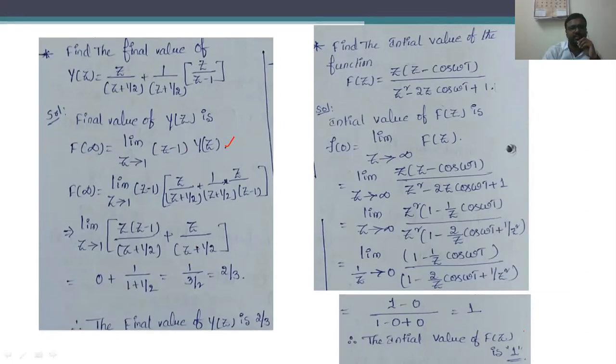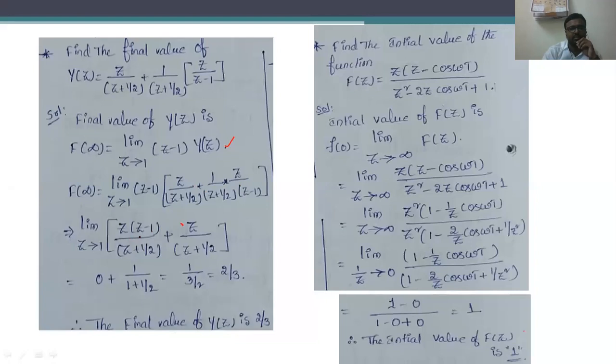Z minus 1 has to be multiplied with these two functions. With this multiplication, z minus 1 and z minus 1 get cancelled for the second function, but for the first function it remains.